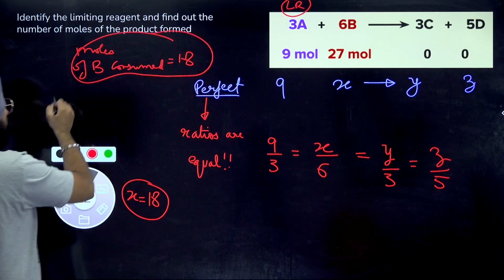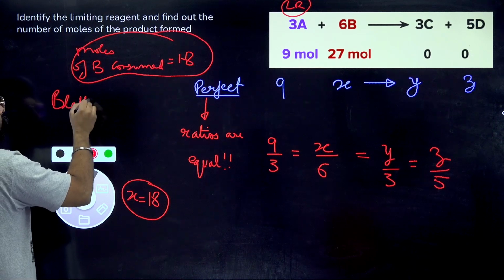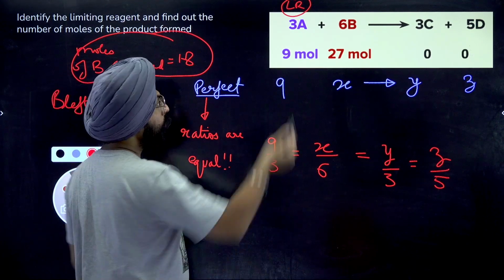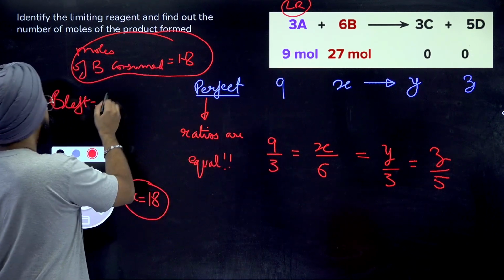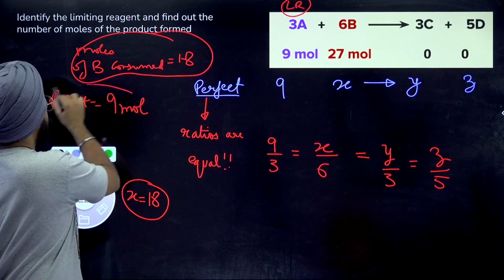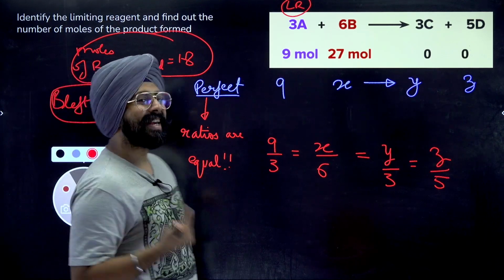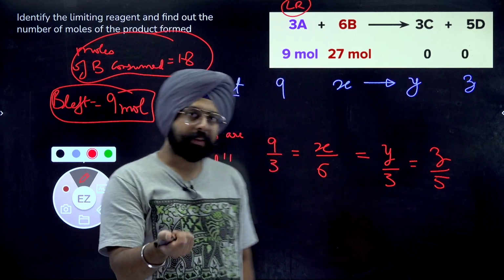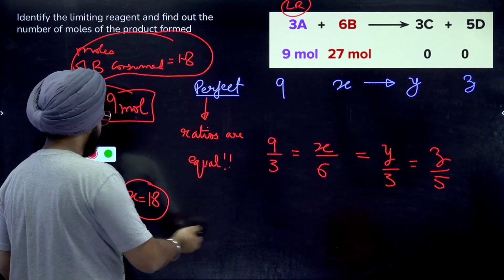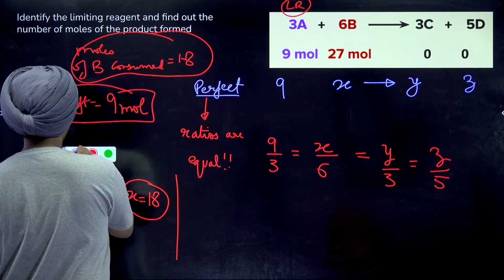So how much B will be left? 27 minus 18, that is 9 moles of B is left. 9 moles of B is the excess. B is the excess reagent, 9 moles of it is in excess. How many moles of C are produced?